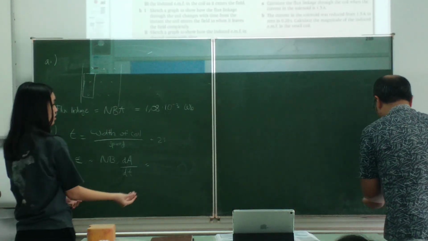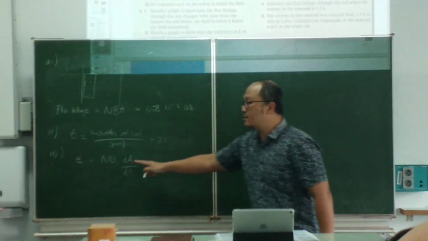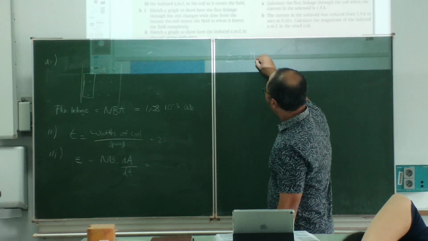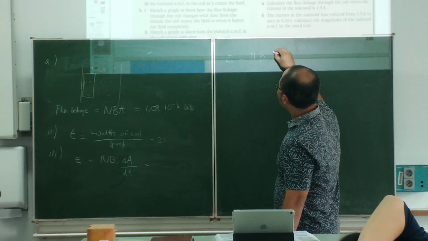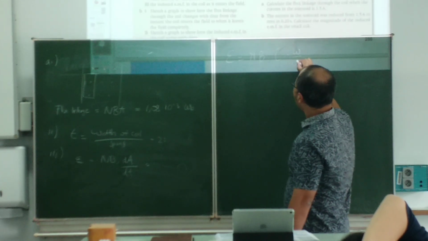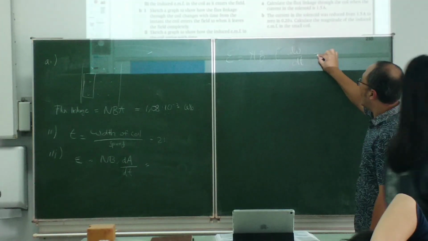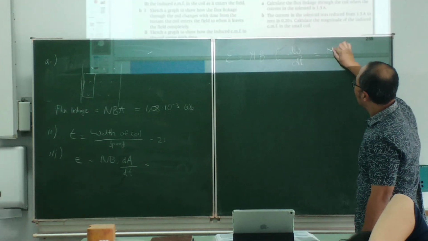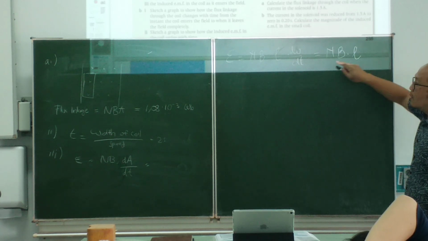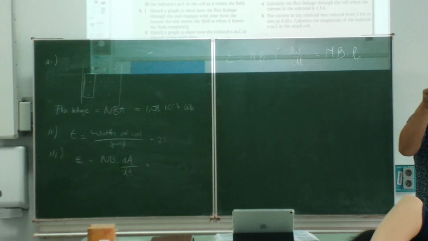You have to know that the length is constant with respect to the magnetic field, meaning you have epsilon equals N B, and this is the length, and this is the width, divided by dt. So dW divided by dt, which is N B L, the width divided by time, this 20 millimeter divided by time.